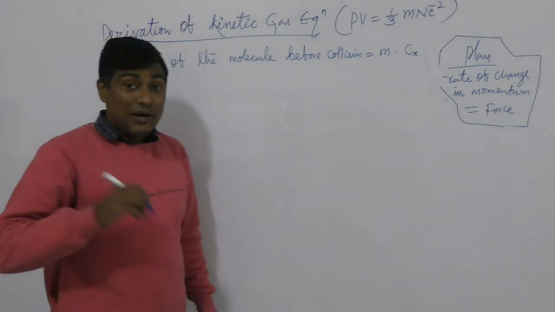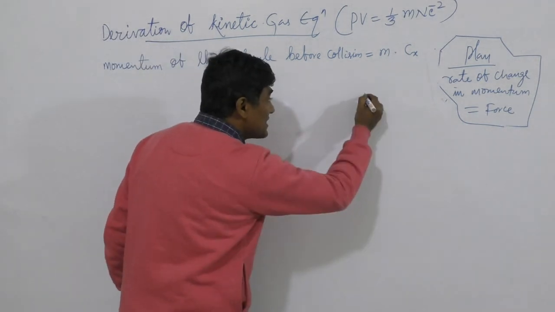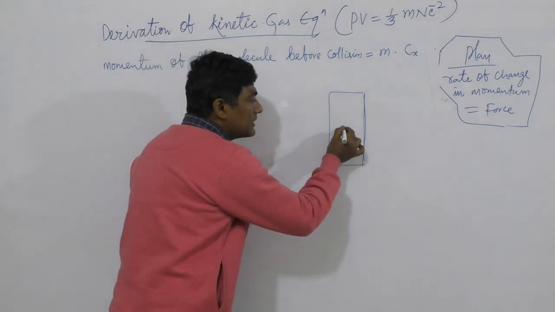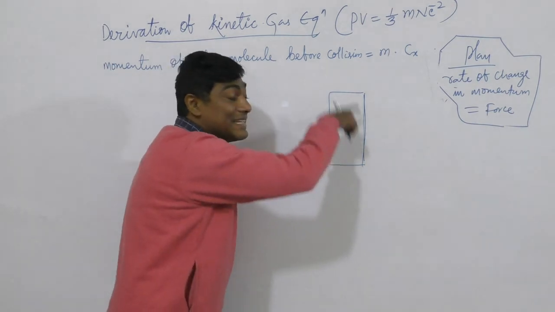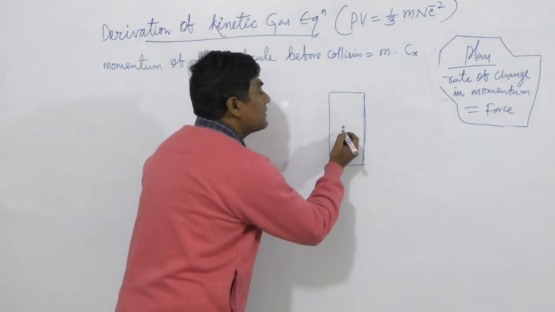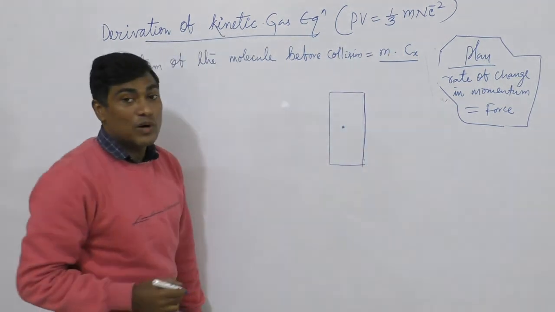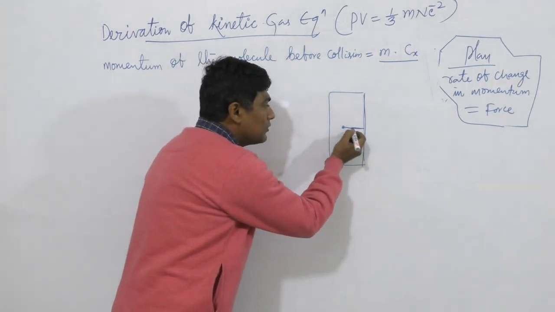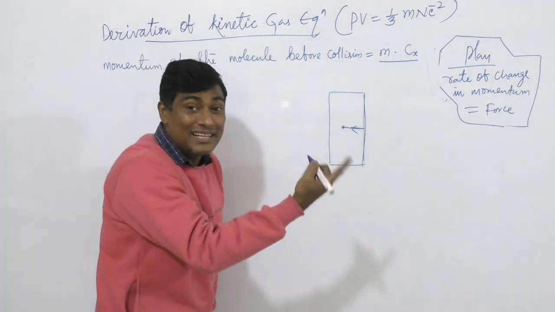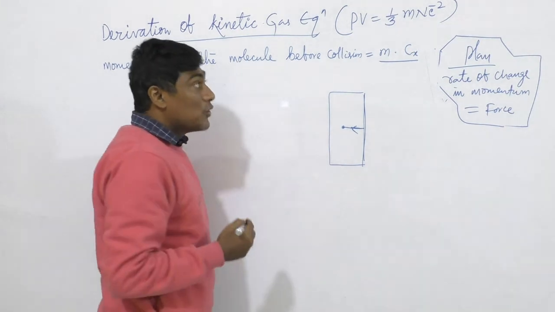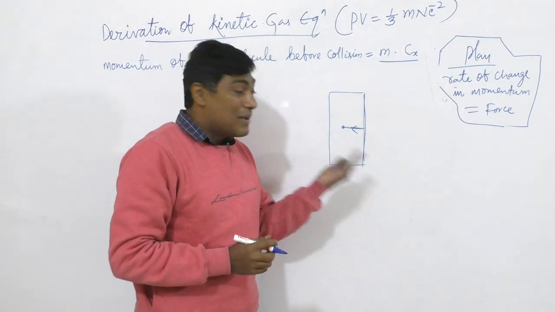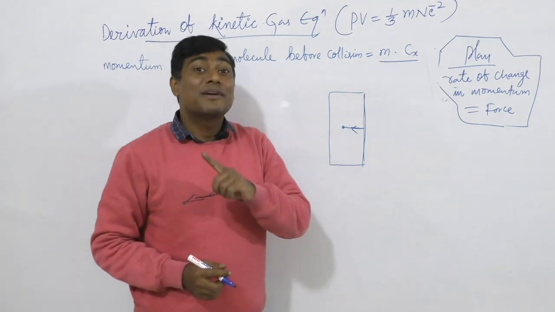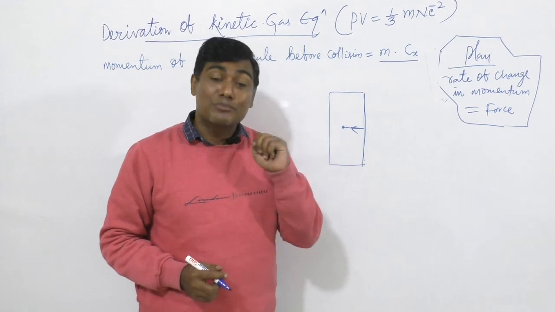Now this is the wall of the vessel. When the molecule was here before the collision on this wall, the momentum was mcx. When it strikes, it will come back. When the molecule is coming back in the opposite direction, the velocity is minus cx, but there is no change in the mass of the molecule.